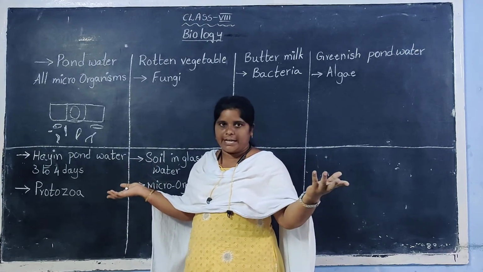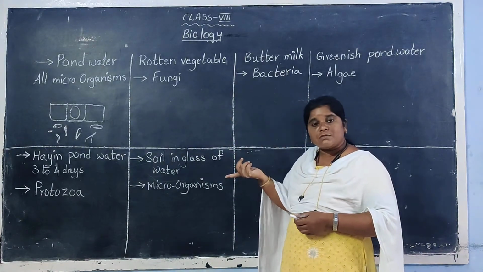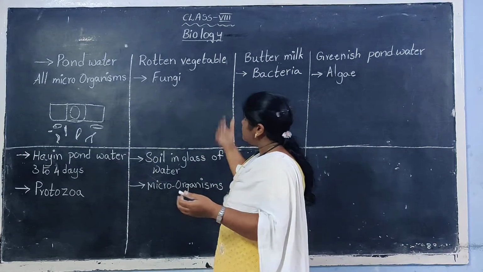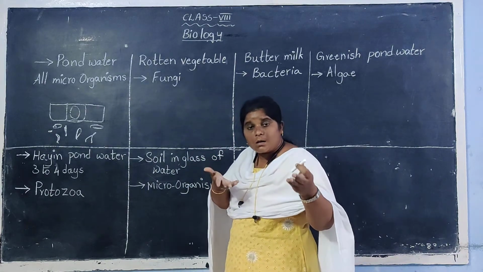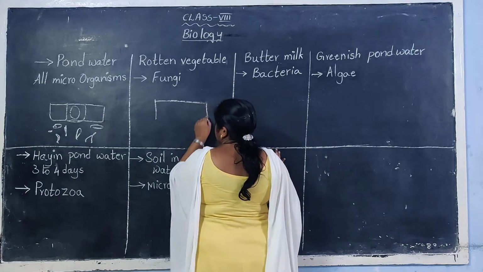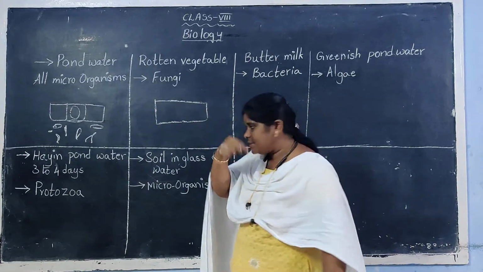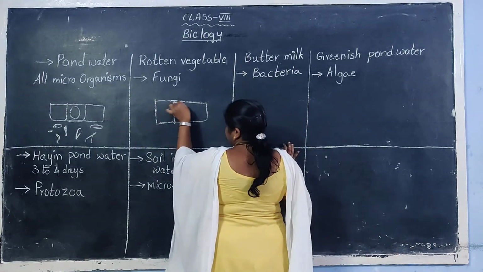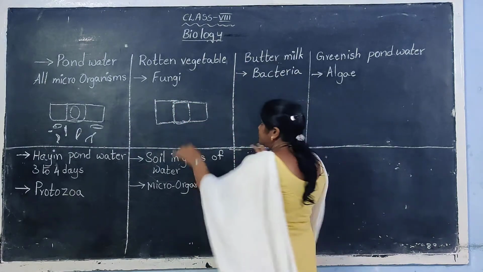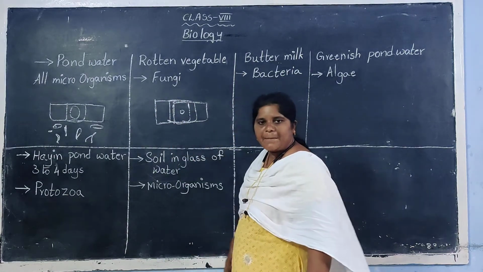Likewise, to observe fungi, in the previous video we used a bread slice. Now we are taking a rotten vegetable, or you can take a rotten pickle or anything else. Select some white hyphae, place it on the slide in the middle, put a drop of water and cover it with a cover slip. Observe it under the microscope.